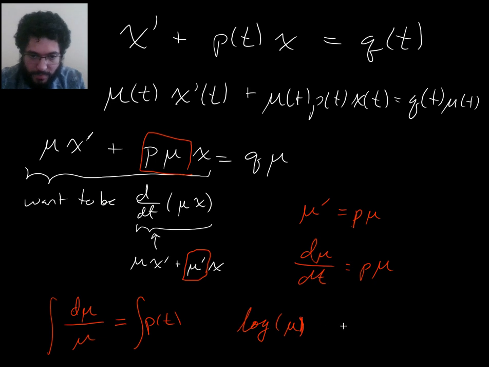You might have to worry about things like that, but let's not for the moment. And then integral of p of t dt. I'm sorry, I should have put a dt here. Here there should be a dt.